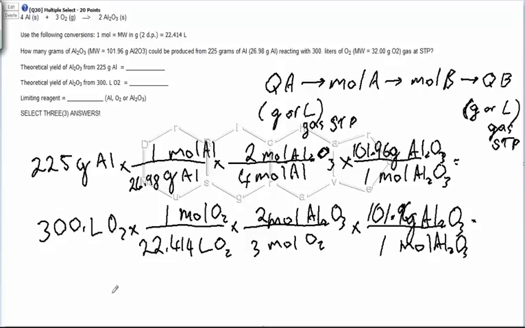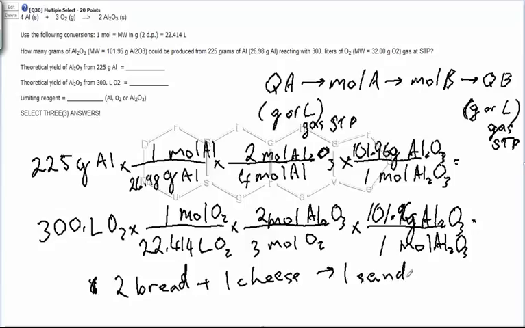I want to take you back to my cheese sandwich analogy. Let's say 2 slices of bread plus 1 cheese gives 1 sandwich. And let's say you use 10 bread and 6 cheese.